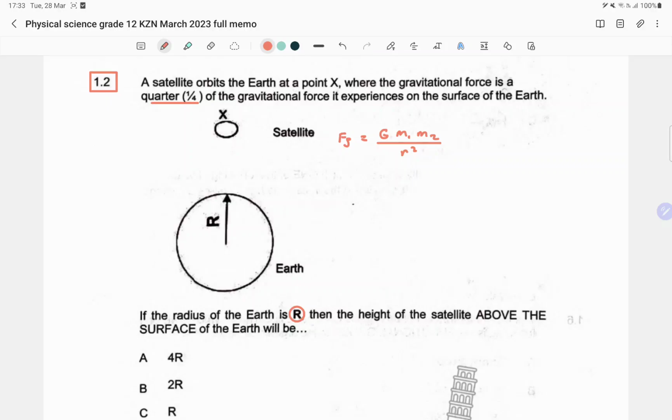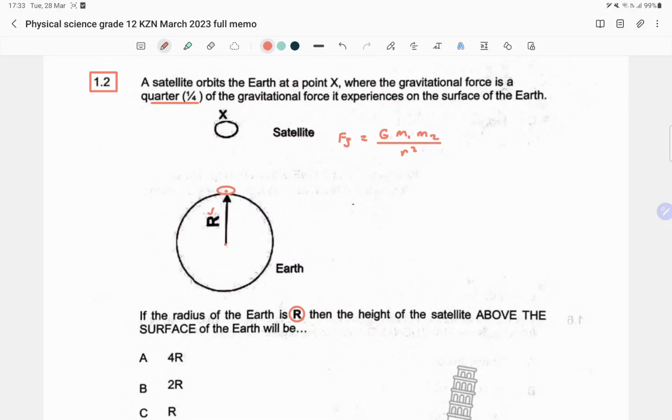Okay, now that is what we understand. And in fact, if we adapt it to this object sitting here, let's say the satellite is sitting here, for example, on the surface of the Earth, the distance between the center of the Earth and the center of the satellite right there will essentially be r, isn't it?